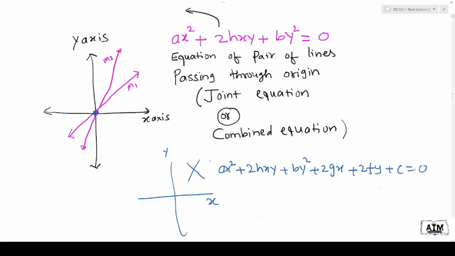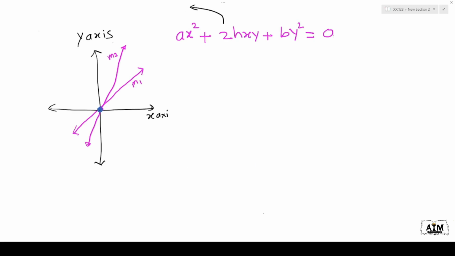So the equation of a pair of lines not passing through the origin is different from that of a pair of lines passing through the origin. But in today's video, I'm focusing only on the equation of a pair of lines passing through the origin.